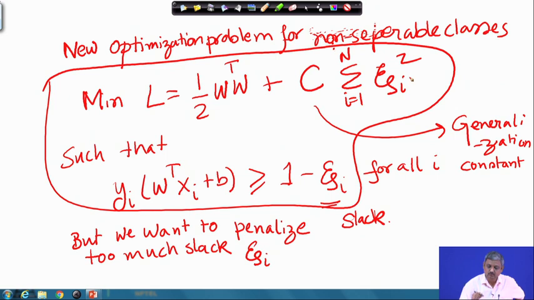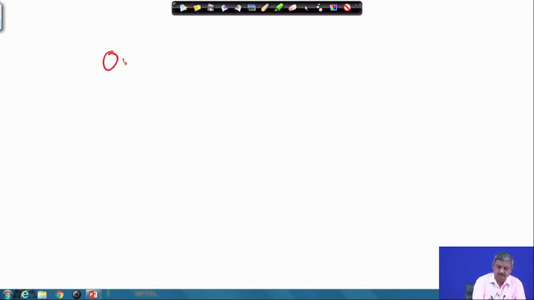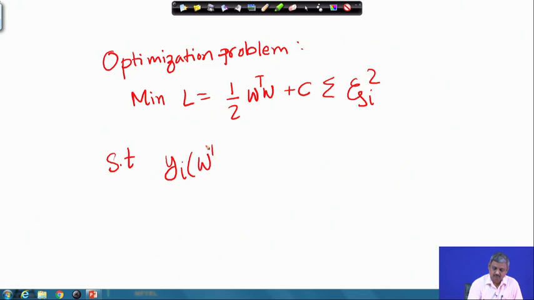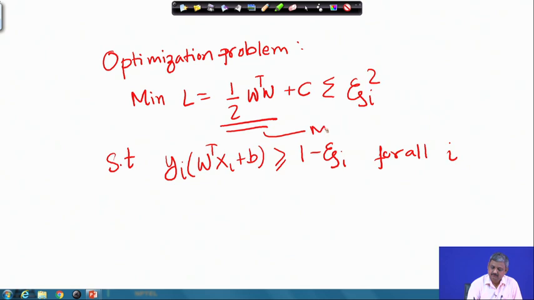So, if I write again, this is the margin, 1 by this, which controls generalization error, and this is the training set error.